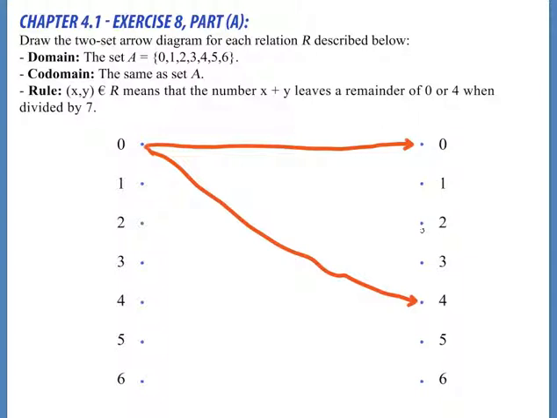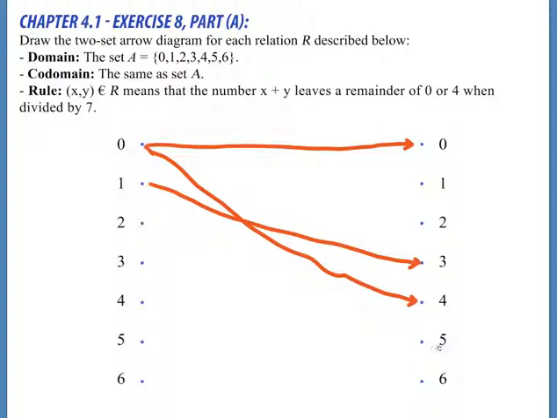There's no remainder of 0 or 4. 1 plus 3 though is 4 divided by 7, and there is a remainder of 4 there. So we'll connect the 1 to the 3. Boop. And then 1 plus 4 is 5 divided by 7. There's no remainder of 0 or 4, so we don't connect that.